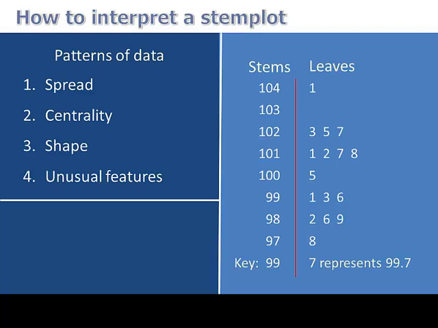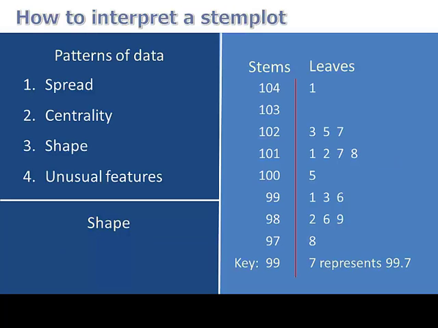In terms of spread, we would say that the temperatures range from 97.8 to 104.1. In terms of centrality, the distribution is centered between 100.5 and 101.1.